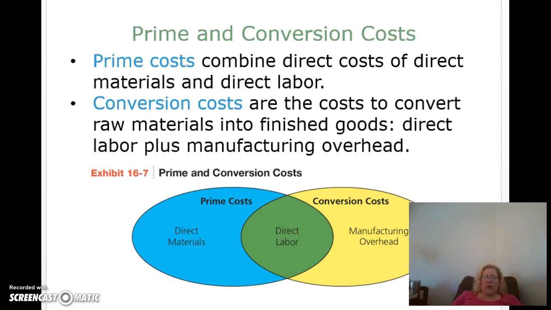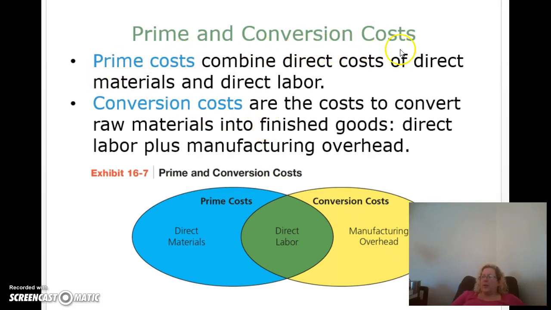Conversion costs are a combination of direct labor and manufacturing overhead. When the manufacturing process is machine intensive, managers may want to focus on the total conversion cost rather than track direct labor and materials and manufacturing overhead separately.